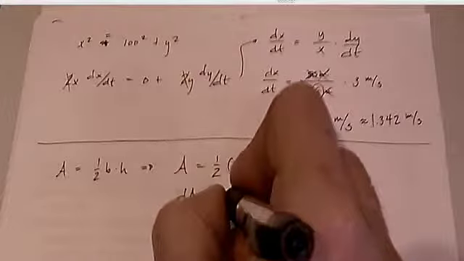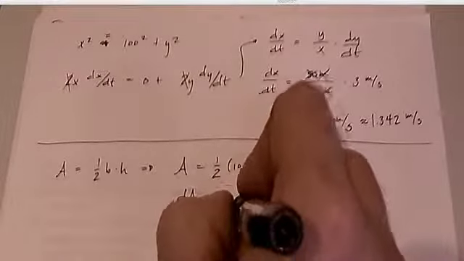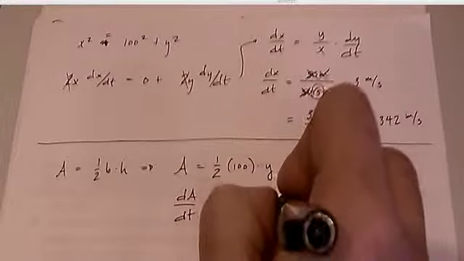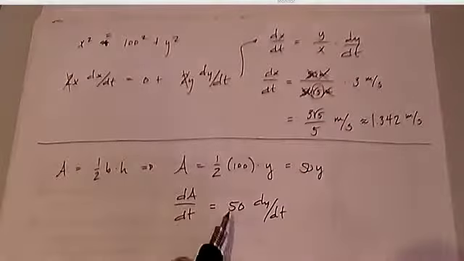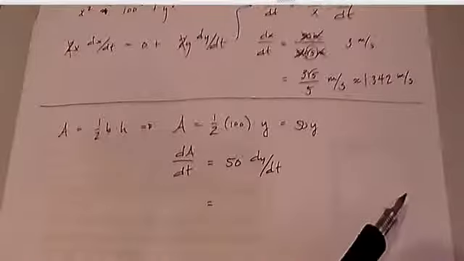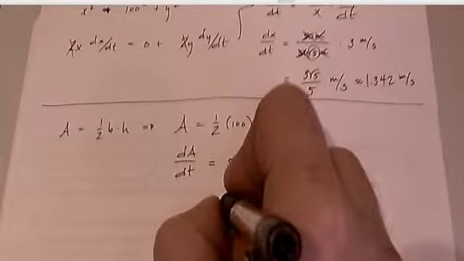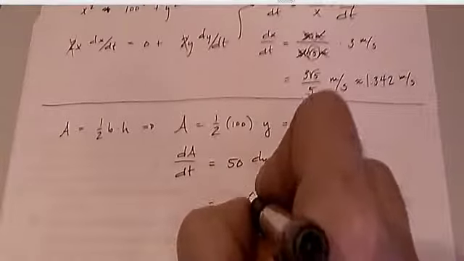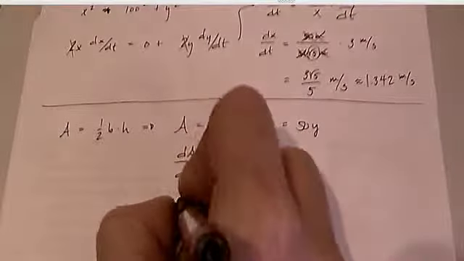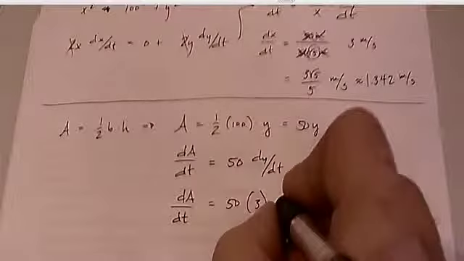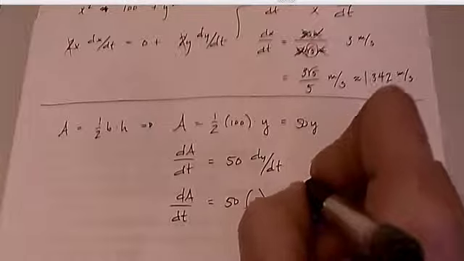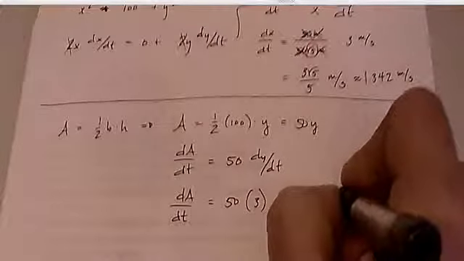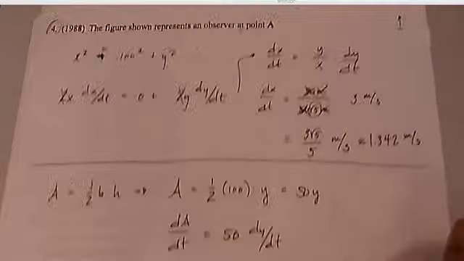So dA/dt is equal to 50 dy/dt. And remember, that 50 came from the 100, which was meters. And so 50 times dy/dt is 3. The area, of course, is going to be units squared per time, and therefore that's going to be 150 meters squared per, what was the unit of time?